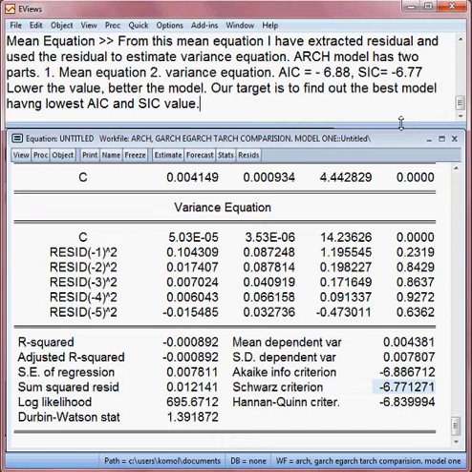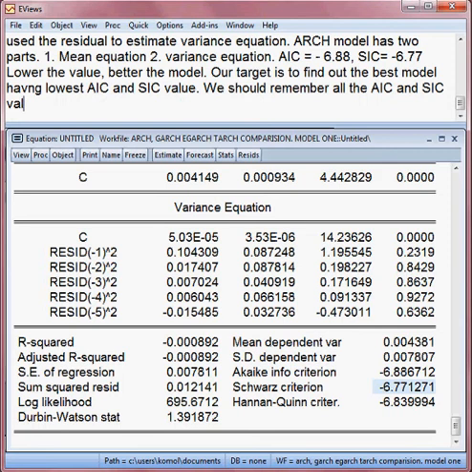Now we should remember all the AIC and SIC values to compare. So here the value of AIC and SIC is this one, right? 6.88 and 6.77.